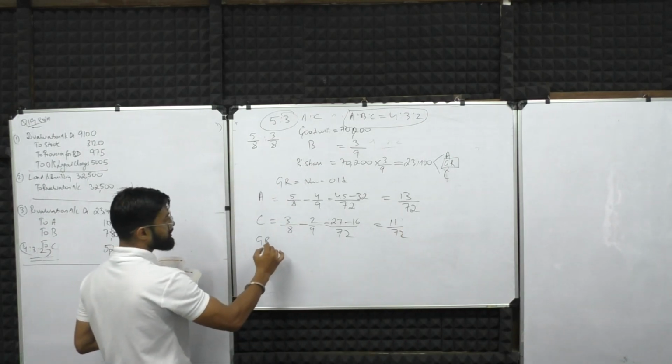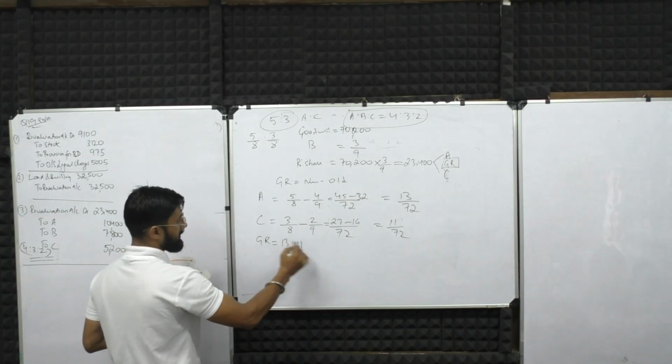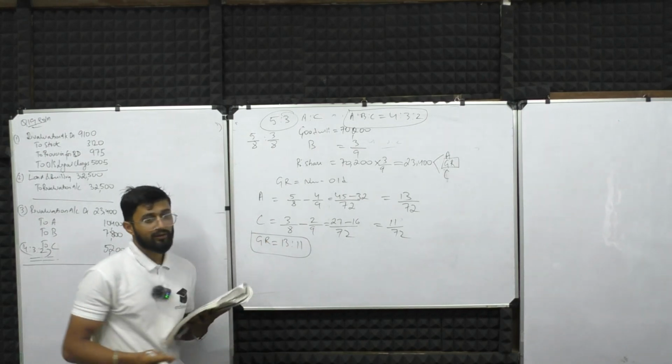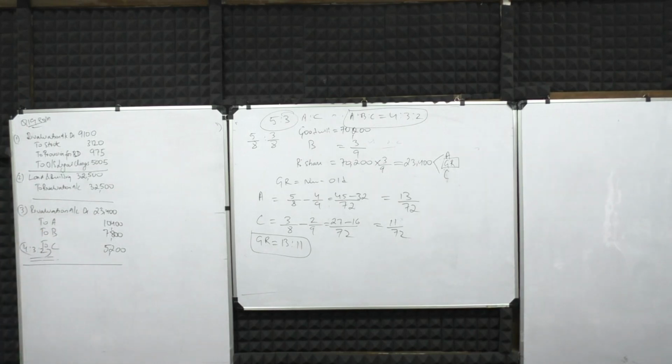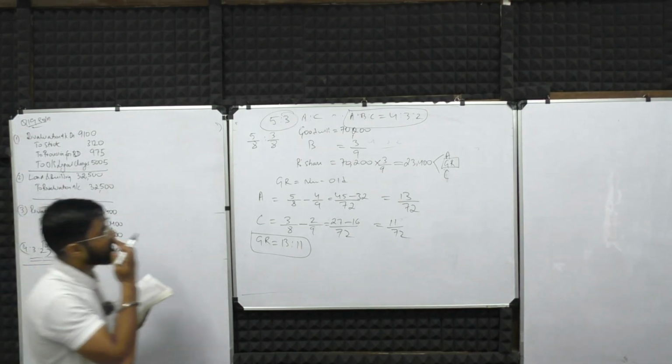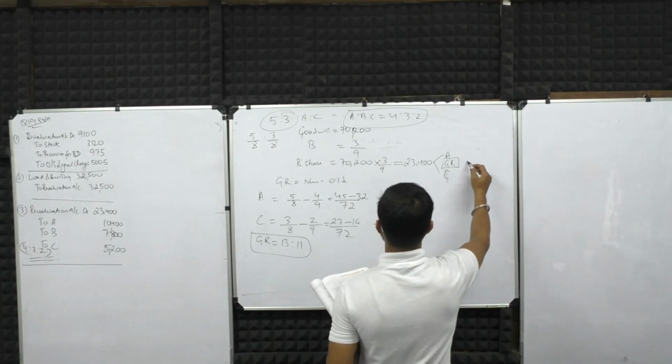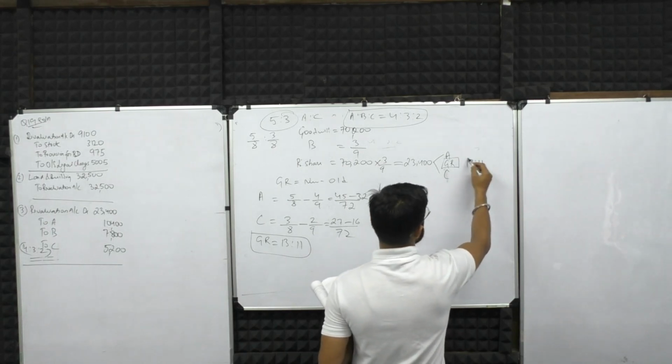So what will be the gaining ratio? 13 is to 11. This will be distributed between A and C in the ratio 13 is to 11.